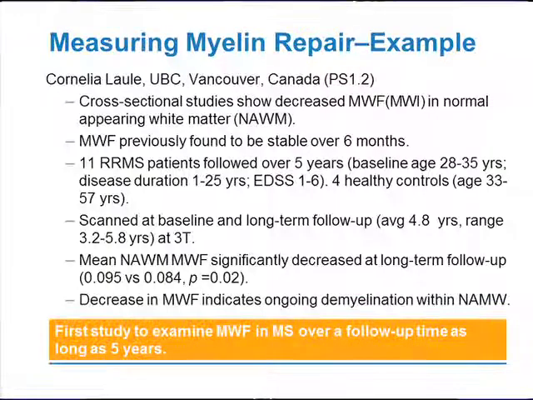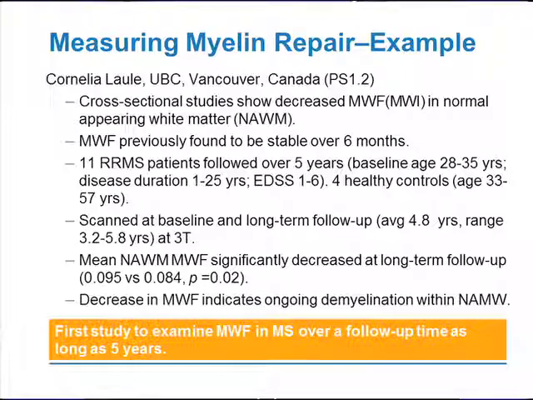So she has shown in her group cross-sectional studies with decreased myelin water fraction in normal appearing white matter. And the myelin water fraction has previously been found to be stable over 6 months in at least some patients, but it hasn't really been followed over time. So they took a group of 11 relapsing remitting patients who were followed over 5 years.